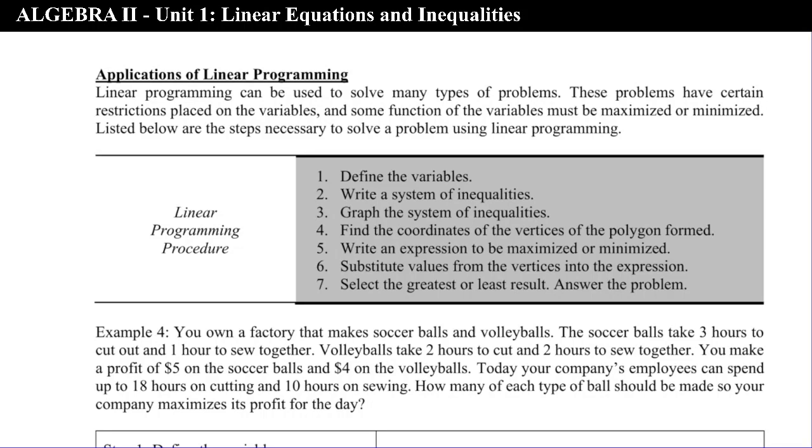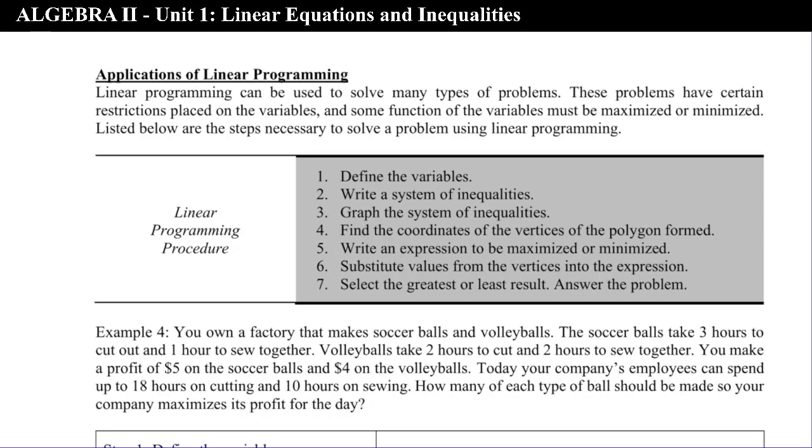Then, from there, we're going to go into what we just did. Once you have your constraints, you're going to graph the system of inequalities. You're going to find the coordinates of the vertices. And then the other extra thing you're going to have to do is you're going to have to write an expression to be maximized or minimized, which would be your objective function.